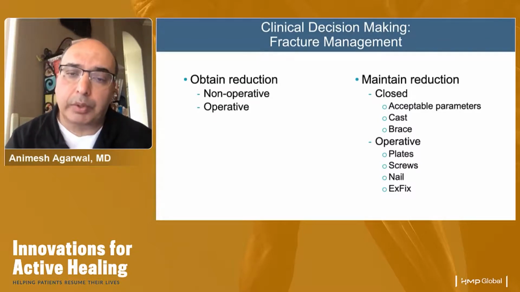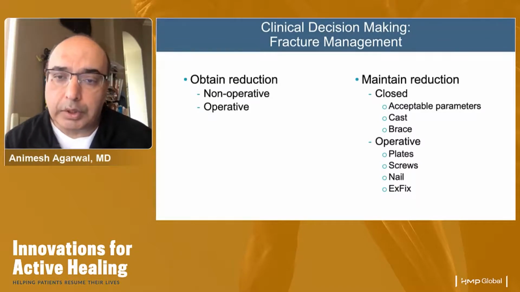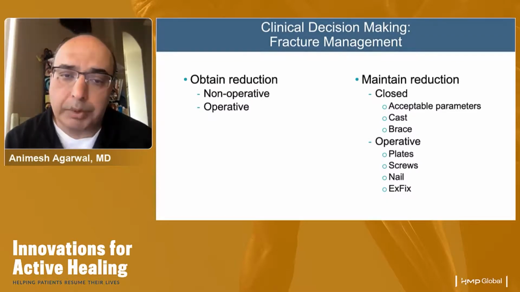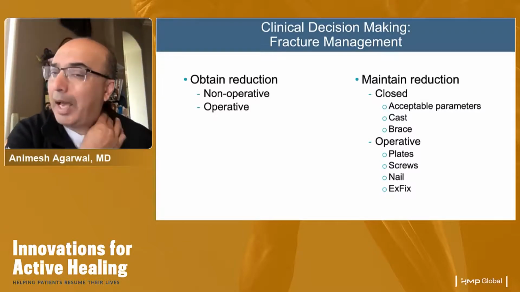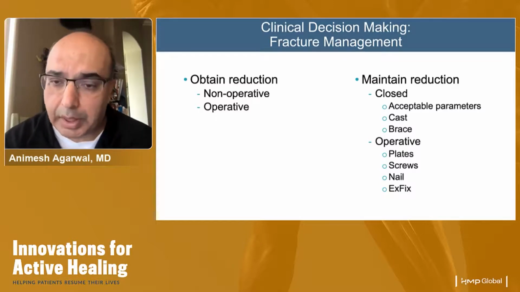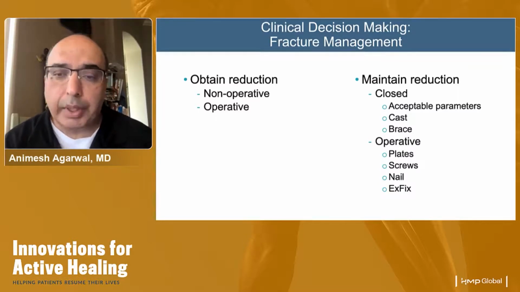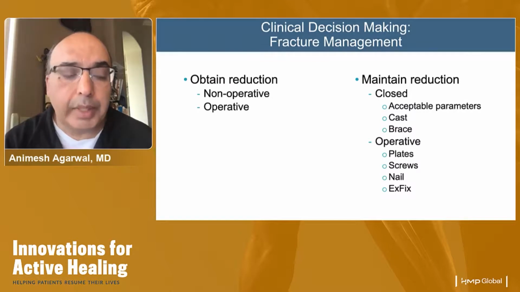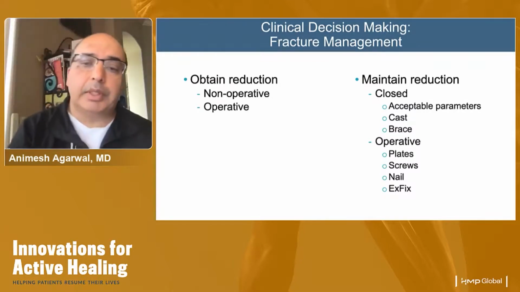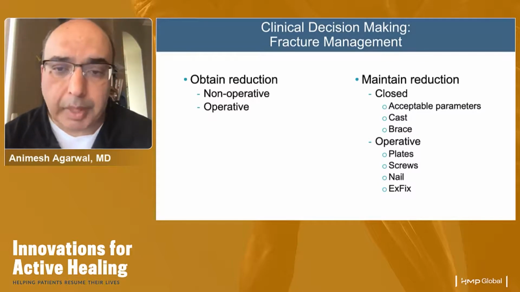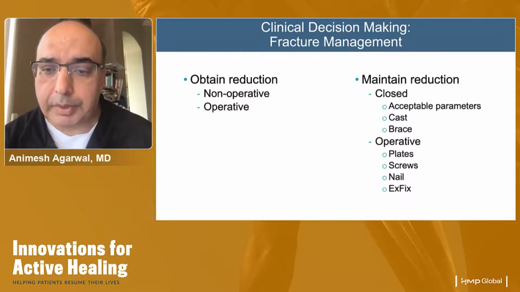Oftentimes, however, they require vigilance and weekly follow-ups to make sure that you haven't lost the reduction, because we know as fractures heal, with time after the injury, swelling subsides, and thus casts and braces can become loose, and then you can eventually lose your alignment. So you have to be very vigilant in seeing these patients back if you are to treat them non-operatively.